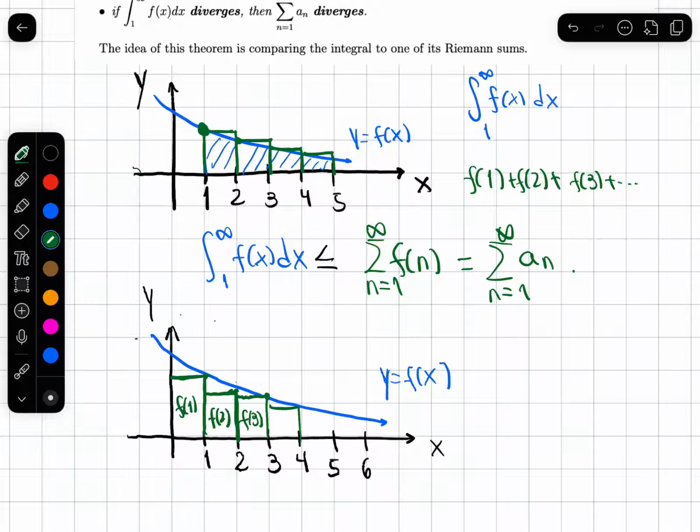So when I add them all up, you can see this. This is f of 4 right here. So this second sketch of mine shows you that the integral from 0 to infinity is greater than the sum, now the green sum.